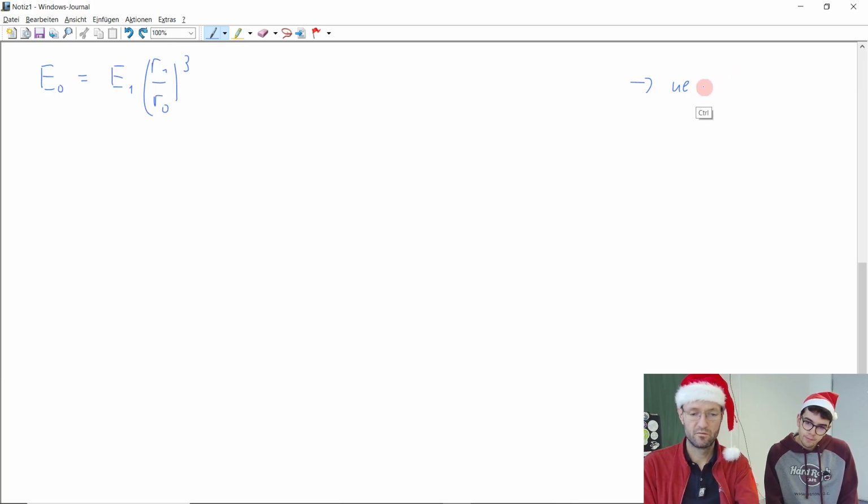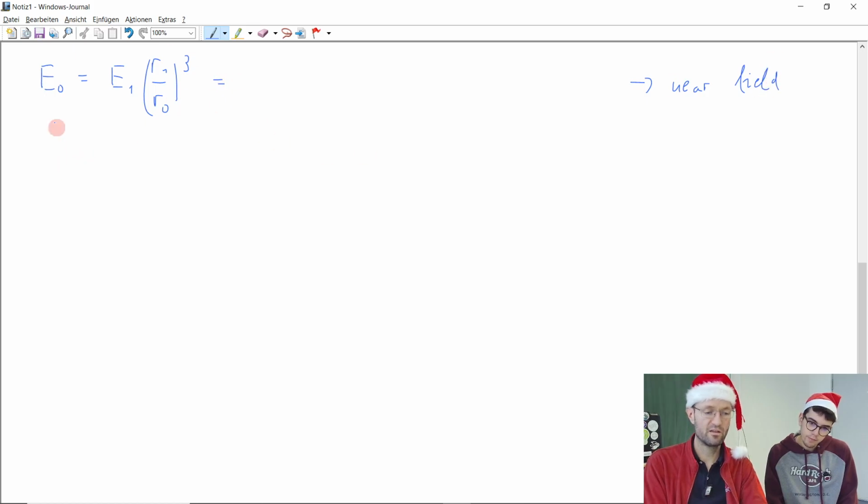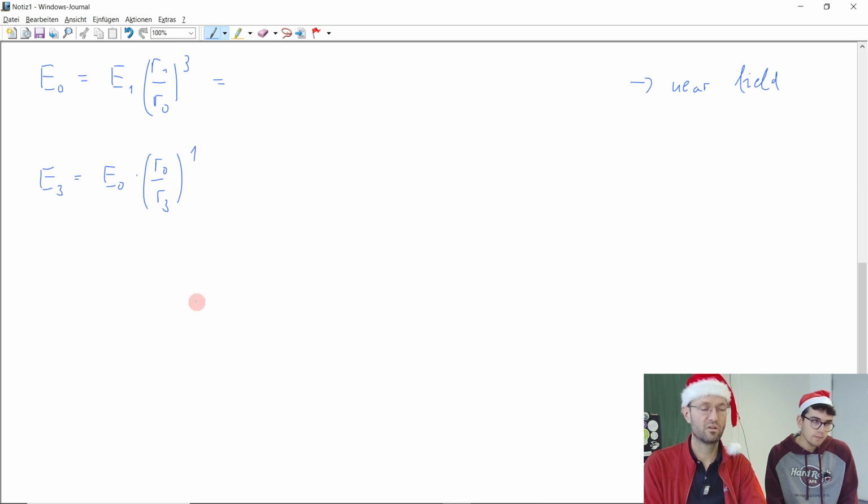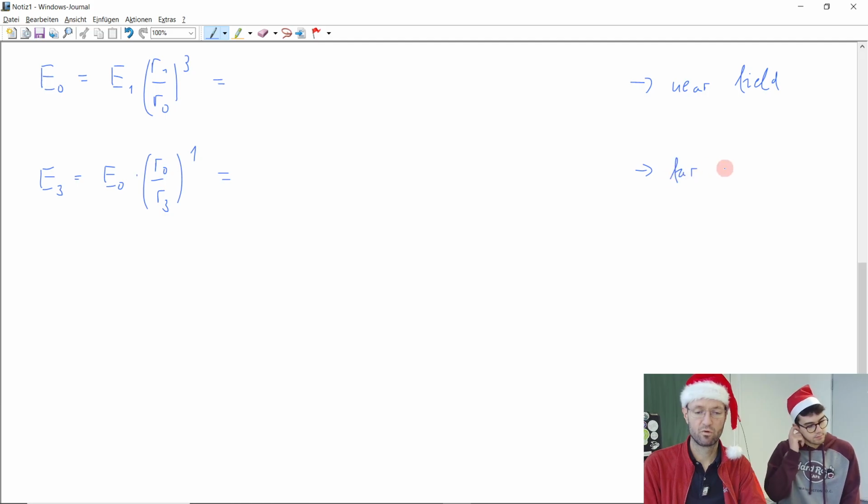This is once again near field. And so we can insert some values there, and then we get E0, and so then we can calculate E3 from E0, and R0 divided by R3, and there we just have the exponent of 1, because this will be the far field conversion.